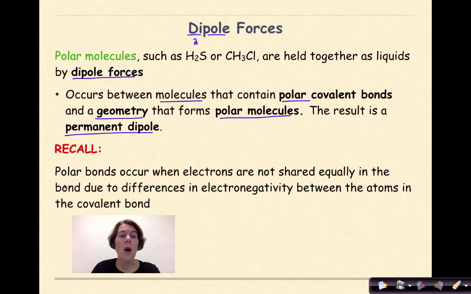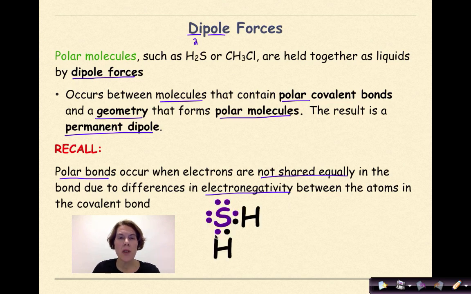Recall, polar bonds occur when electrons are not shared equally in the bond due to differences in electronegativity between the atoms in the covalent bond. Let's look at an example of the Lewis dot diagram of hydrogen sulfide. The sulfur has 6 valence electrons. The hydrogens each have 1 valence electron, and we can see the covalent bonds here and here, with the 2 lone pairs here and here on the sulfur atom.